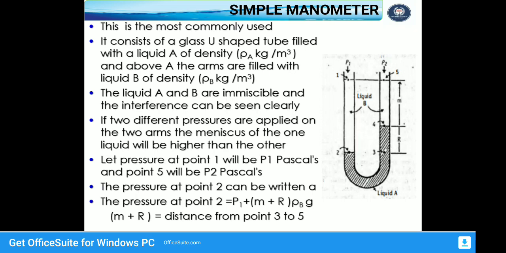The pressure at point 2 can be written as P1 plus (M plus R) into rho B g, where M plus R is the distance from point 3 to 5.